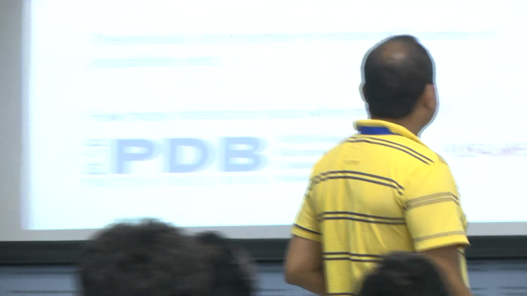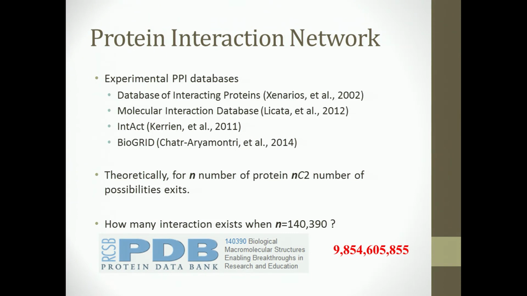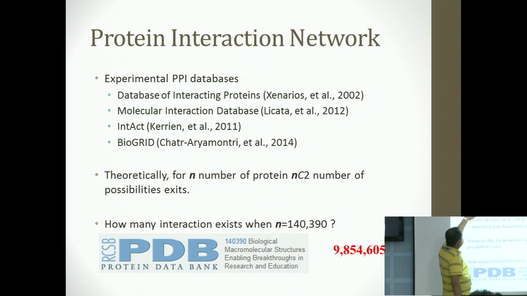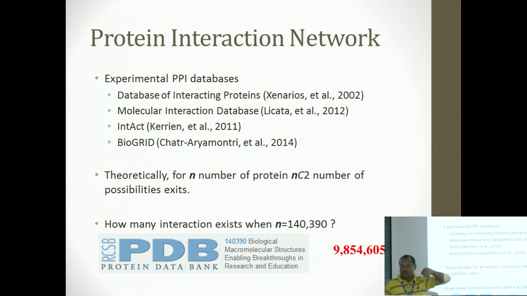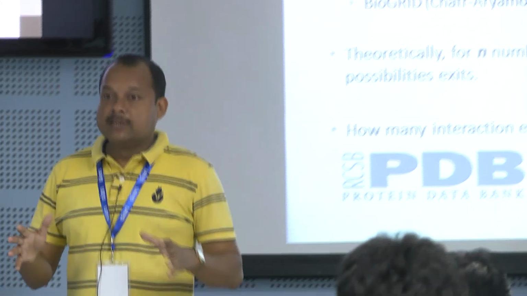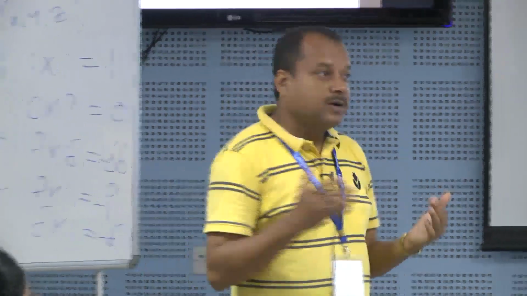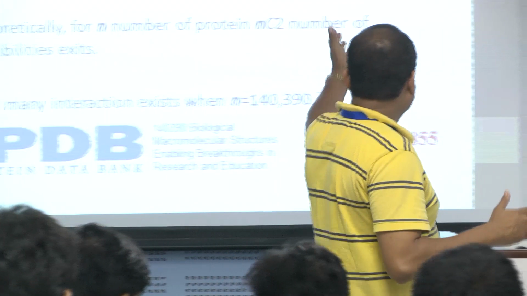And why do we need to go for protein docking algorithms, or a parallel implementation of that? Because as of now these four are the experimental PPI databases, which contain protein interaction data, not all at atomic level resolution, but to some extent we can integrate those data in order to generate the protein interaction network.